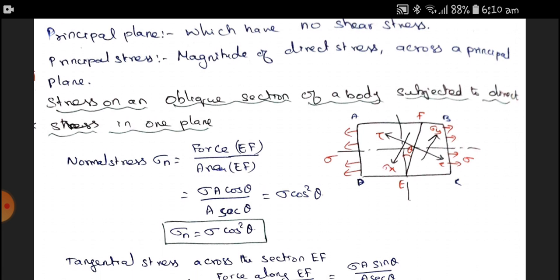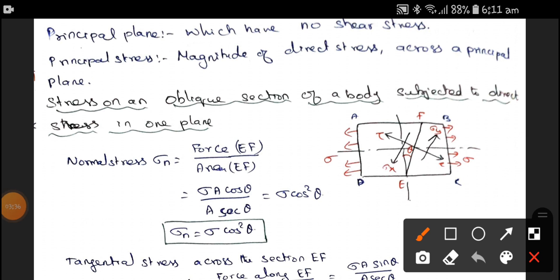Here, take a rectangular section and consider only the normal stress, or direct stress, sigma, acting in a tensile manner. We have a cross section ABCD, and the plane at angle theta is the oblique section plane.